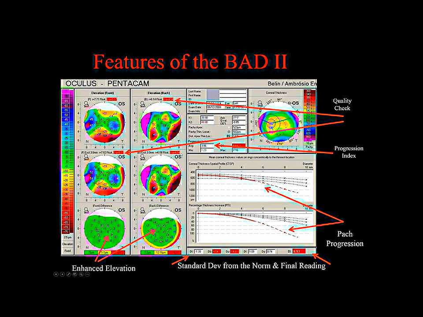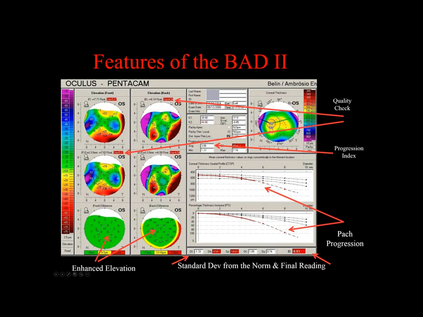The only part I'm going to highlight on this, because we're running short on time, is that it's very important to look at this number right here. This number tells you the amount of corneal coverage that was analyzable. Remember I said our best fit sphere is computed from 8 millimeters. If you don't have 8 millimeters, then you don't have all the data necessary to compute both the standard best fit sphere and the enhanced reference surface.